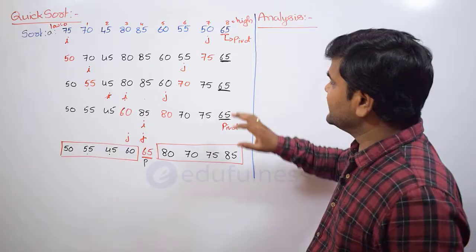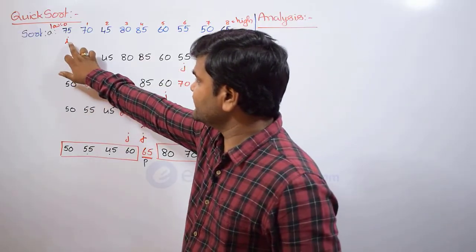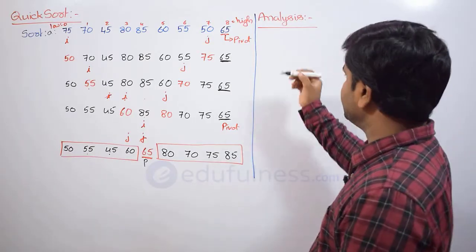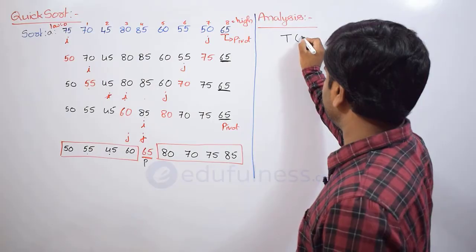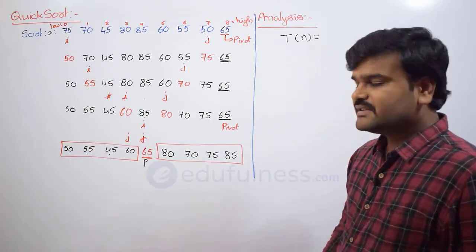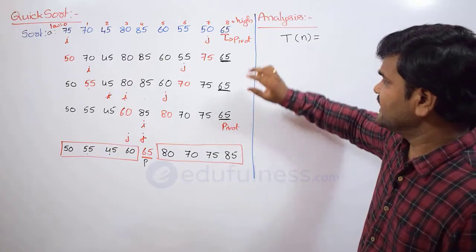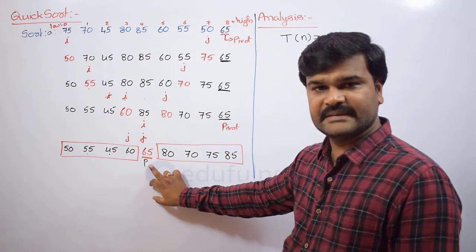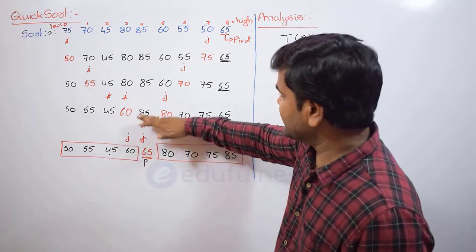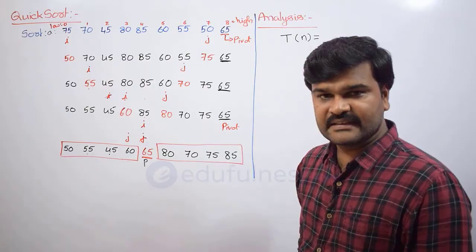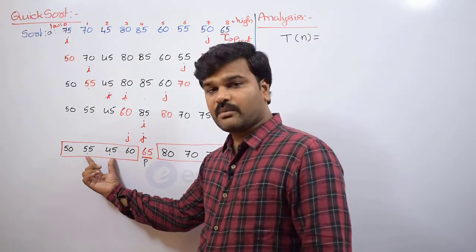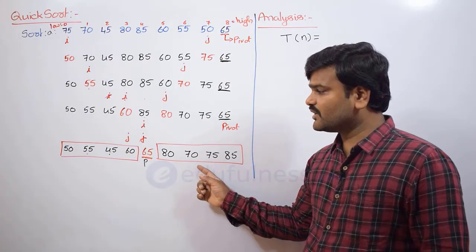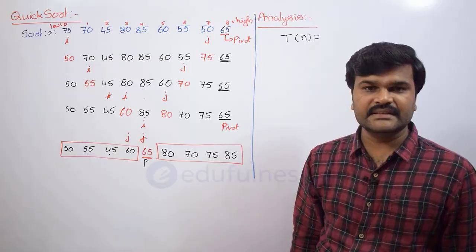Next, after setting i and j, this is very important. Let us take the time complexity here, T of n equal to. The pivot element you selected came to here. First you have to tell the time complexity of this entire work, and after that the time complexity of this subproblem and of this subproblem; that is the overall time complexity of quicksort.